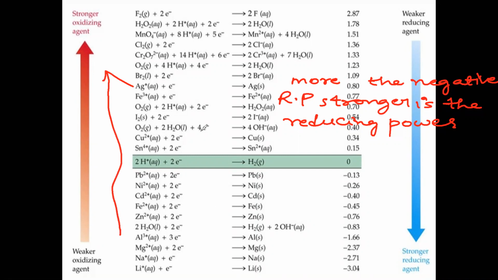They can bring oxidation to the substances. For example, F2 changes to F minus, O2 plus 4H plus gives 2H2O, and MnO4 minus. After hydrogen we have tin plus 4; actually, tin plus 2 states should come before. And after hydrogen, we have copper, silver, and gold only. So copper can displace silver from its salt solution.